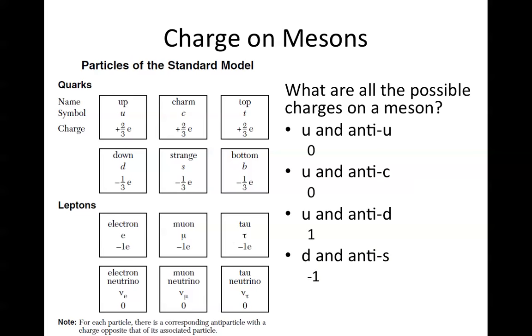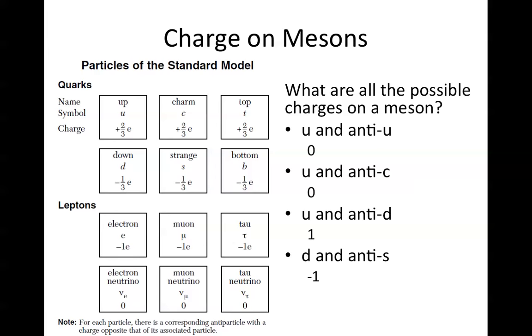If we look at a down and an anti-strange particle, we have negative 1/3, and then an anti-strange particle has positive 1/3. That gives me a charge of, uh-oh, I made a mistake there, didn't I? A D and an anti-S has a charge of 0. I apologize. It should say 0 there.